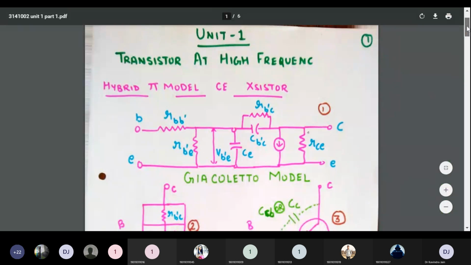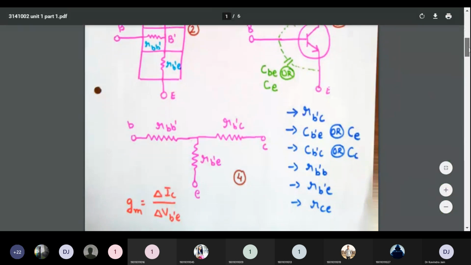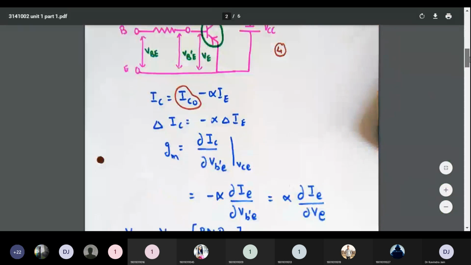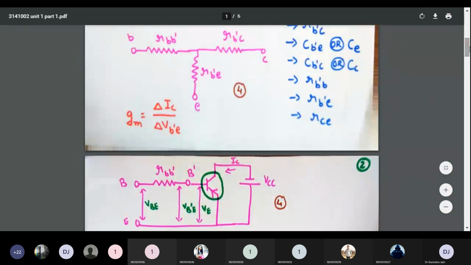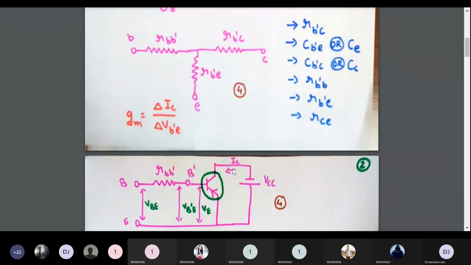Hybrid pi conductance. All of you are requested to draw this diagram, figure number 4. This particular diagram, not the above one, the below one. This diagram.